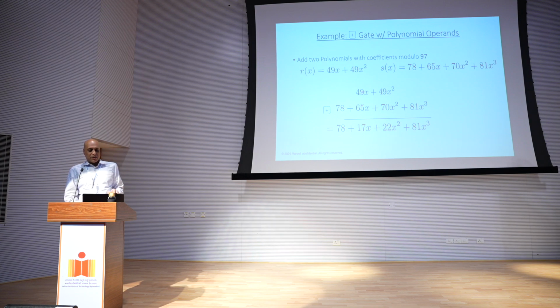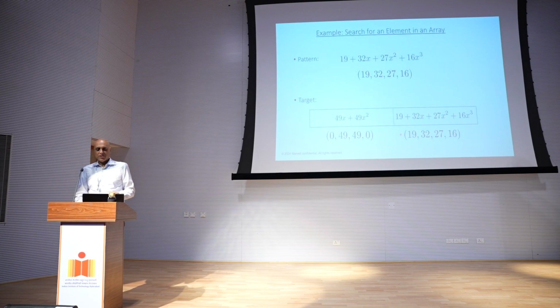Let's look at this x squared term: 70 plus 49 gives us 19 modulo 97, we get this 22. So that's pretty straightforward. We just add polynomials and then we reduce the coefficients for each power of x modulo 97 to get the result.